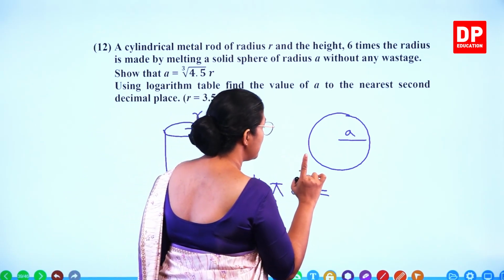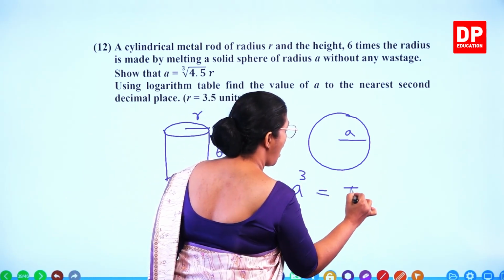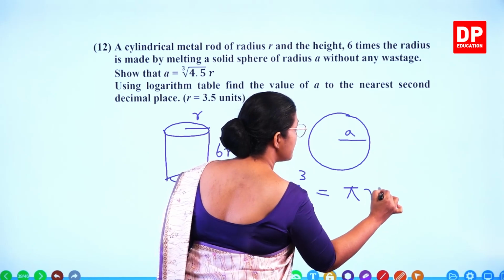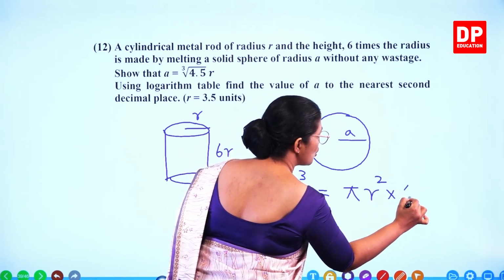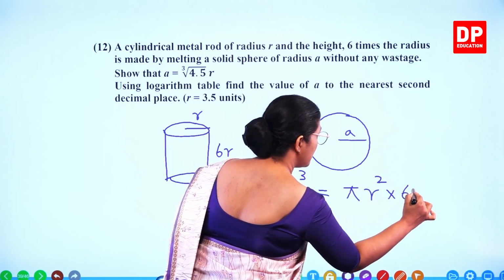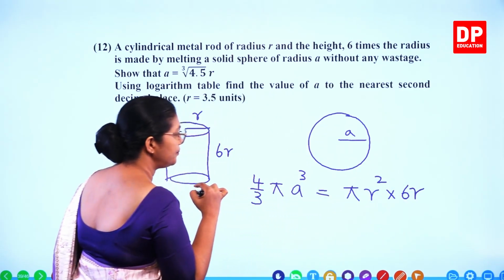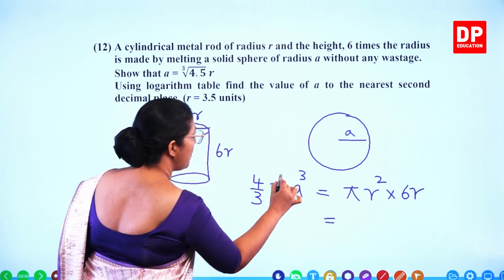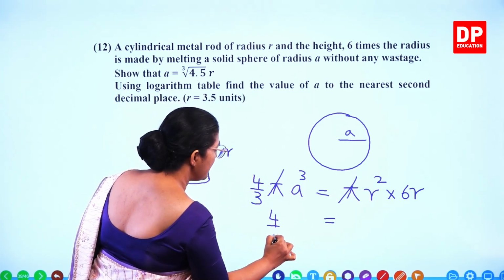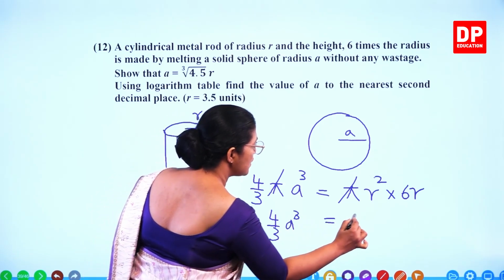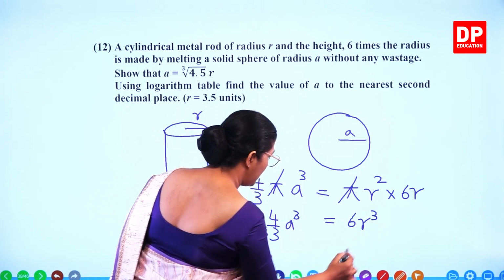What's the volume of the cylinder? Pi r squared, r is the radius, into height. Height is 6r. Now we can see pi gets cancelled out. 4/3 a cube is equal to 6r cube.